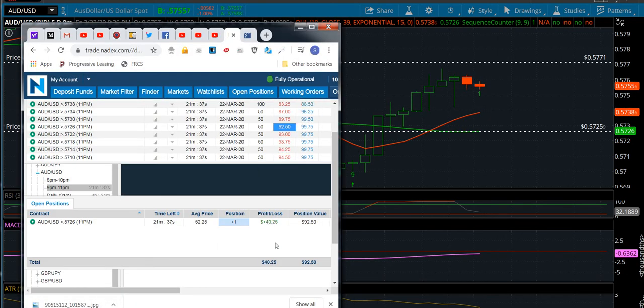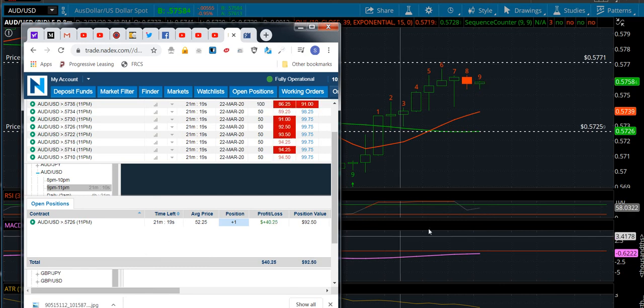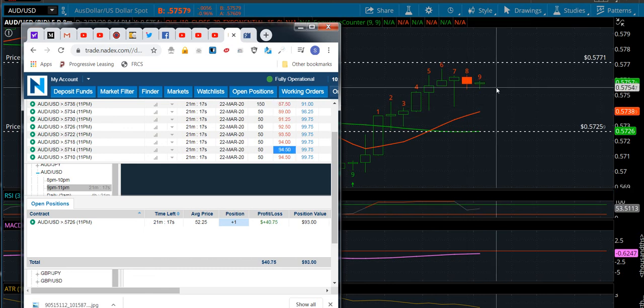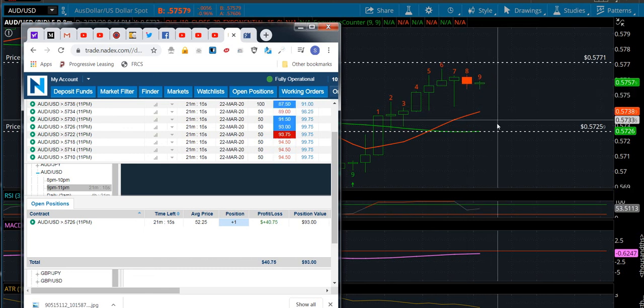But in my situation here, I have less than 3 bars left, don't I? These are 8-minute bars, and I have 21 minutes left. So the question I have to ask myself is, what are the chances of price getting from here down to here and putting me in a losing trade?